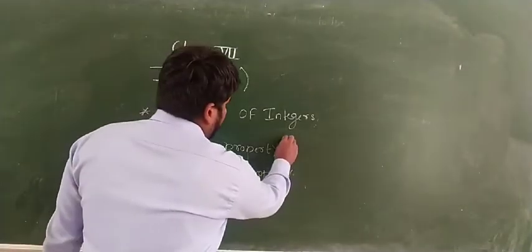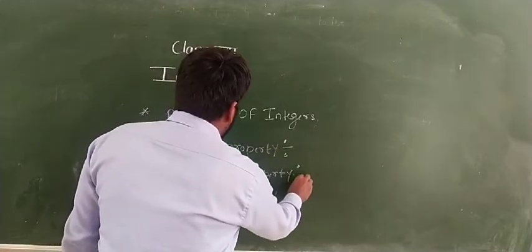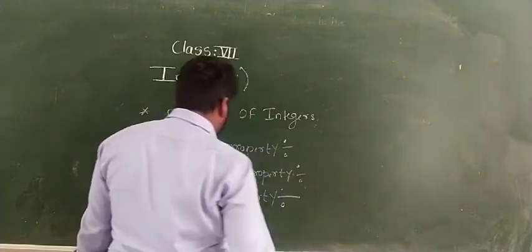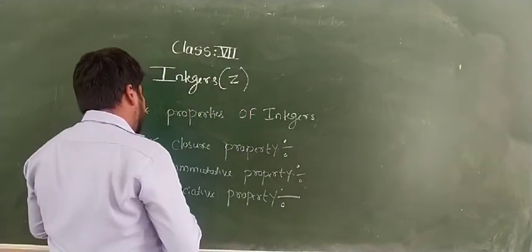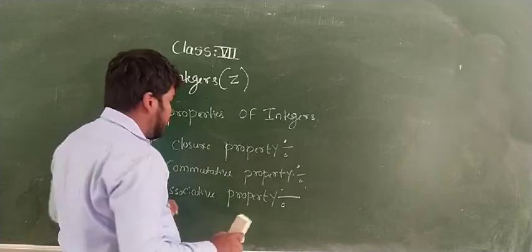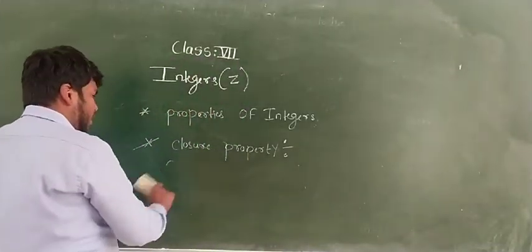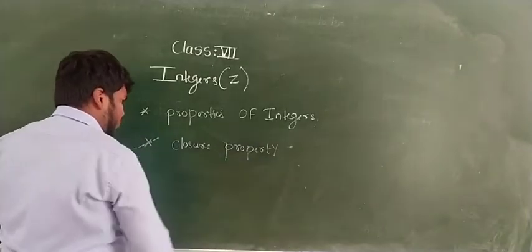So what do we mean by the definition of the closure property? One by one we give the definition and one example. The first property I am going to study is the closure property.